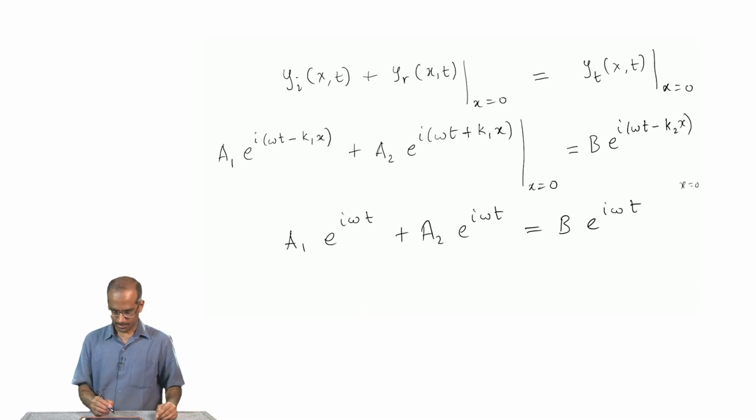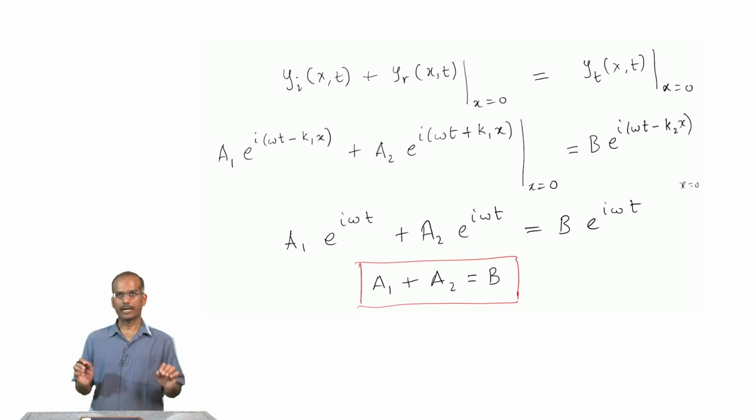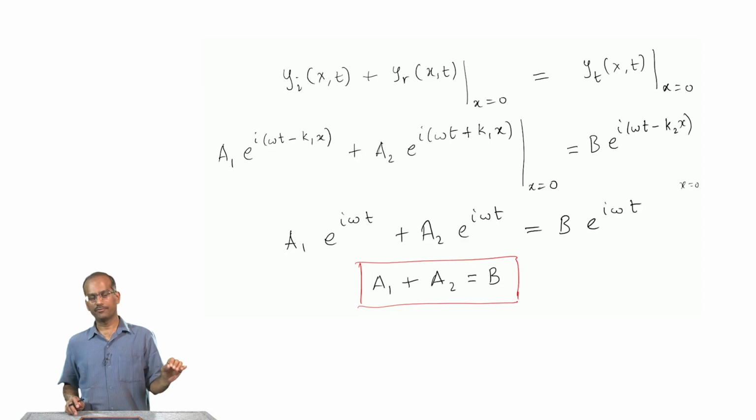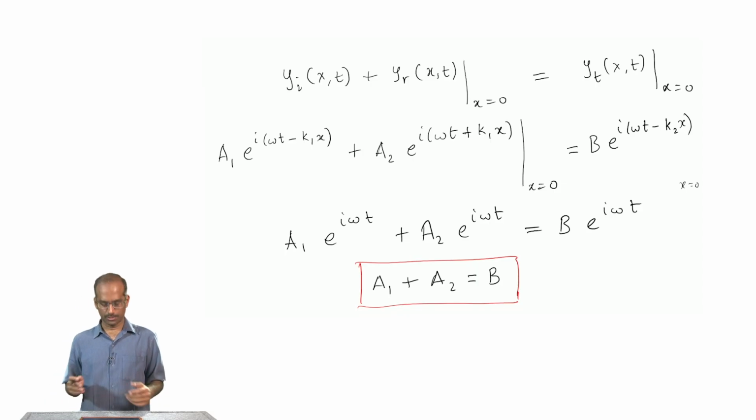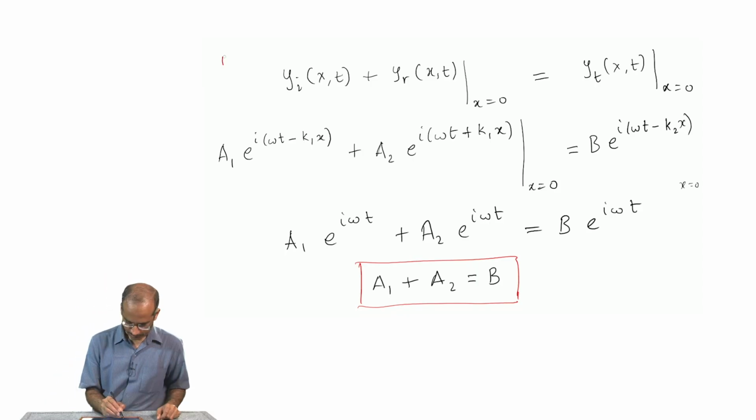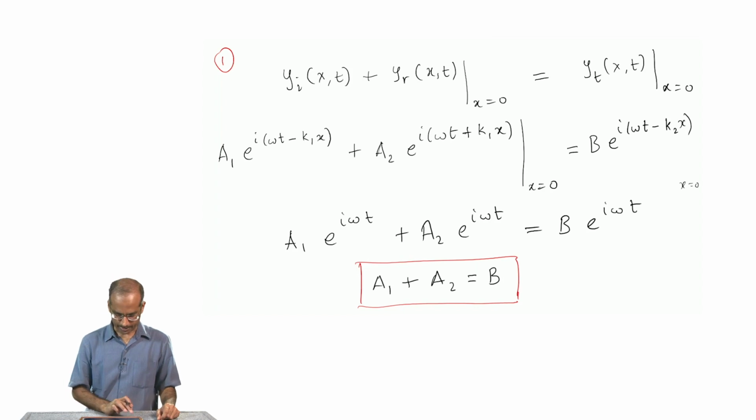Hence, it must be true that a1 plus a2 minus b should be equal to 0, which is equivalent to saying that a1 plus a2 is equal to b. So, it connects the amplitudes of the incoming wave, the reflected wave and the transmitted wave. So, that is the result of putting in the first boundary condition.